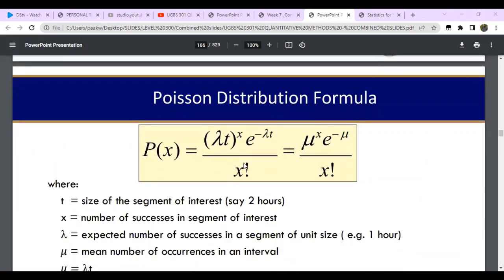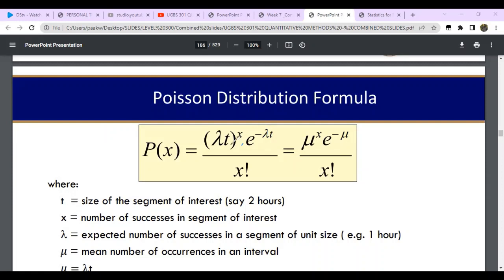Okay, so this is the formula for Poisson distribution. This is lambda times t raised to the power x times e, and we know e from natural log. You get it? It's a constant, about 2.71828 or something. I've forgotten the exact figures. Raised to the power negative lambda times t.